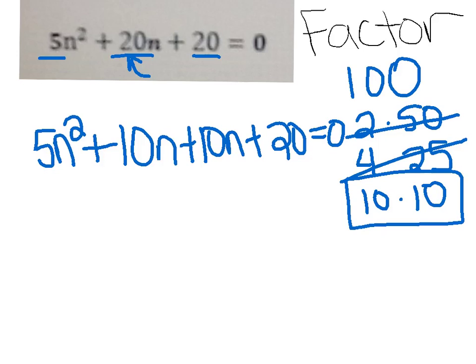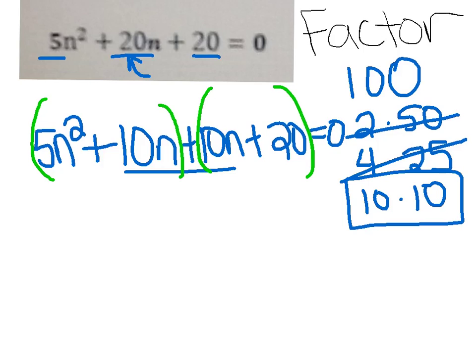So, now that we've expanded the equation out and put our two 10s in for the 20, we are going to factor by grouping. To factor by grouping, what we're going to do is put grouping symbols around the first two pieces and around the last two pieces. So let's look at this a little bit more.